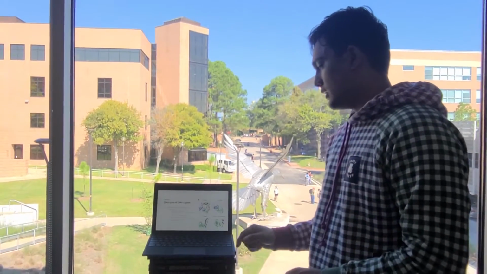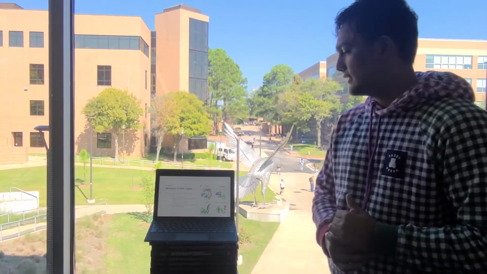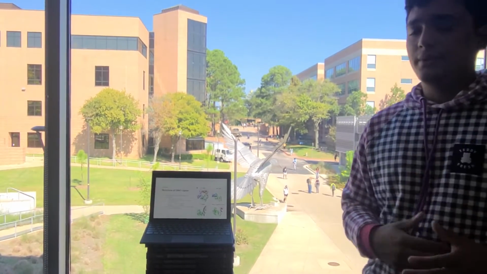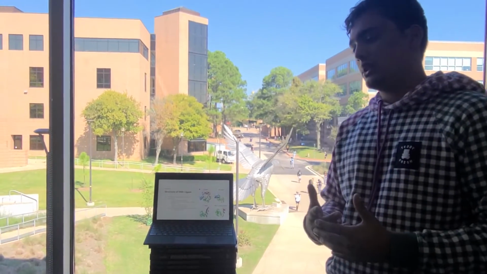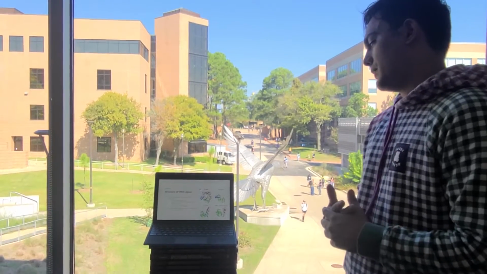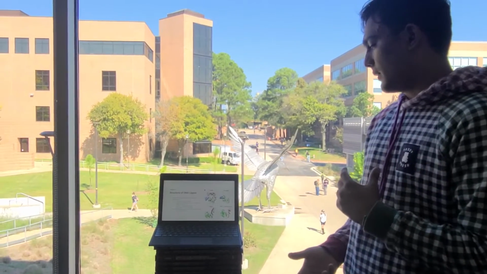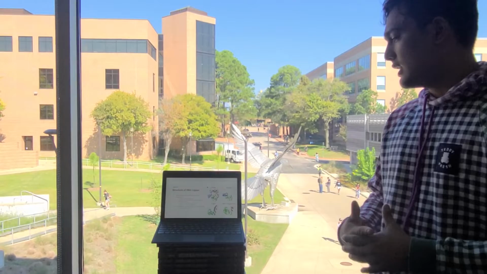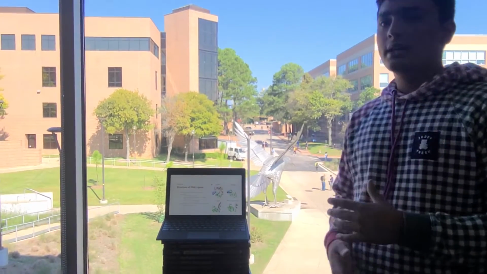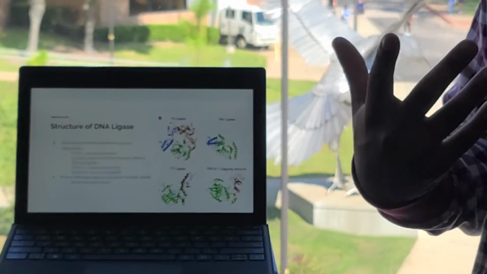and join it together. The structure of DNA ligase: as I said before, proteins have 4 levels of organization. Here we're going to go over the 4 levels of organization for DNA ligase. The primary is the amino acid sequence.